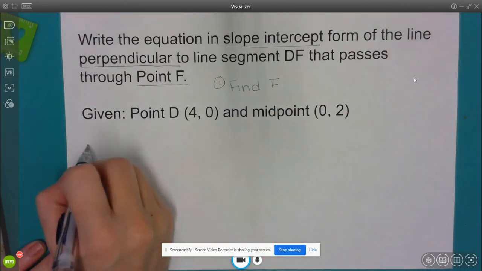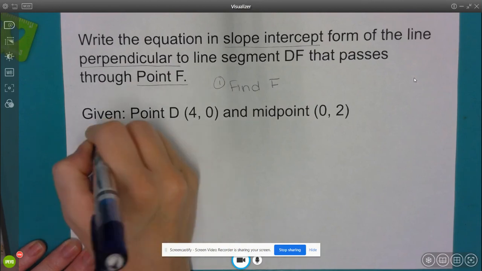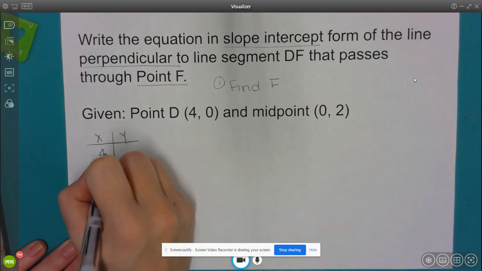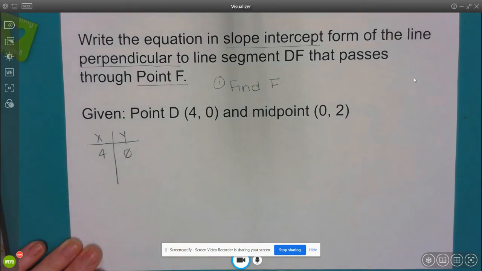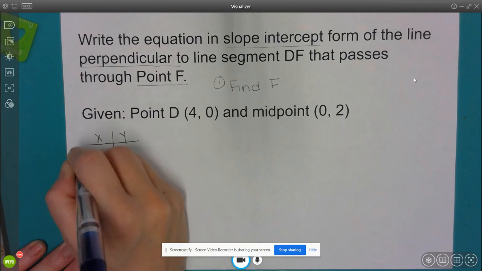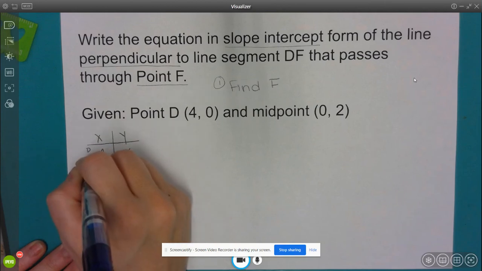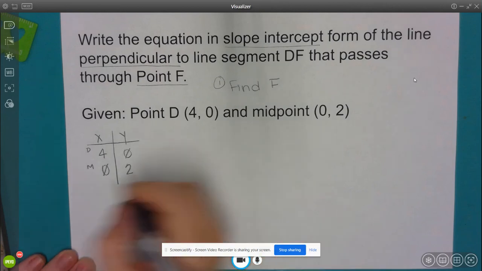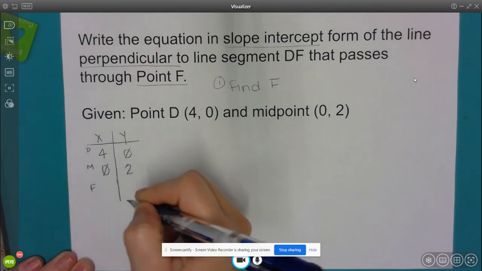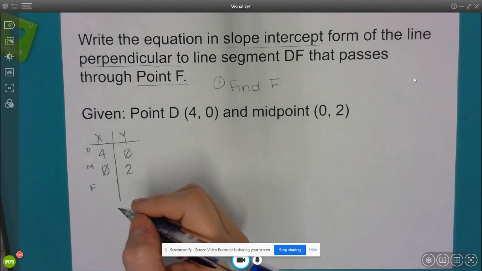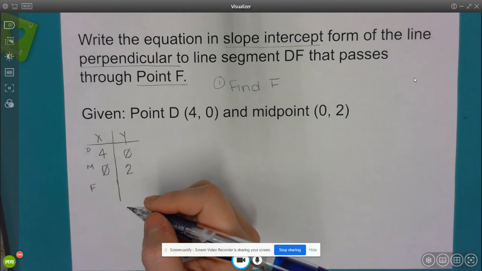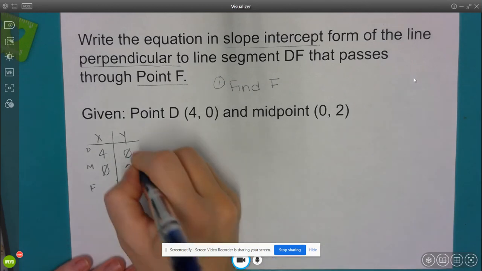I know that point D is at 4, 0. I know my midpoint is at 0, 2. So this is point D, this is the midpoint, and my goal is to find F. So I'm not splitting the distance in half this time. I'm using it again because I'm trying to find the other endpoint.